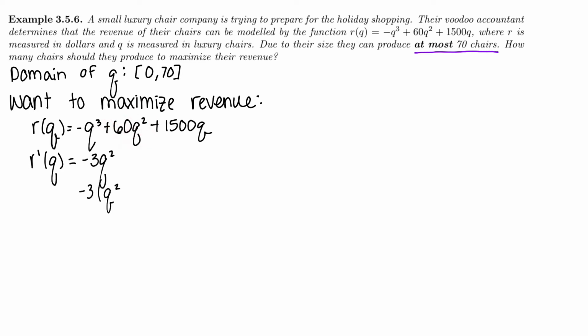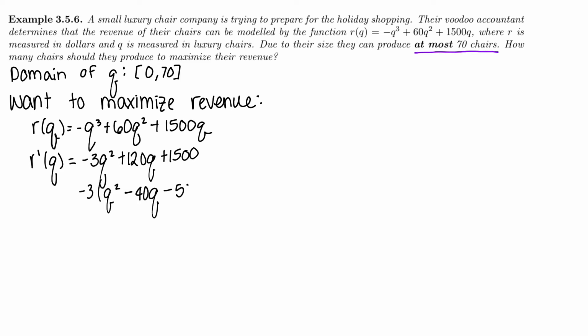I didn't take the derivative here. 2 times 60 is 120, so 120q plus 1500. So this would be minus 40q. So make sure you fix that. This should be 120q. Minus 40q minus 1500 divided by negative 3.